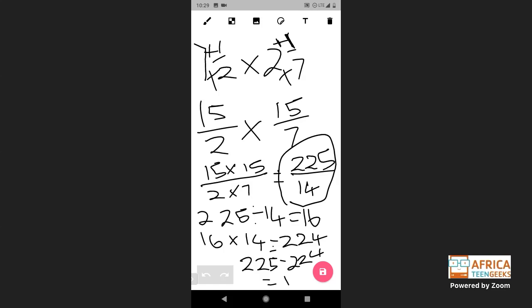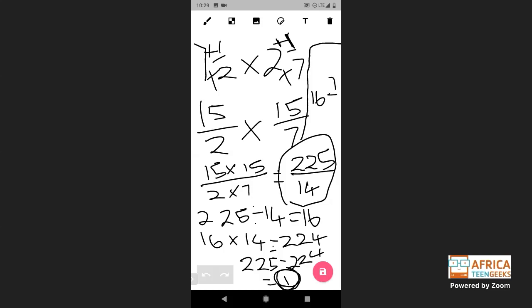So how many times does 14 go into 225? Okay, let's write our mixed fraction right here. We'll have 16. And what is the remaining number? The remaining number is 1.